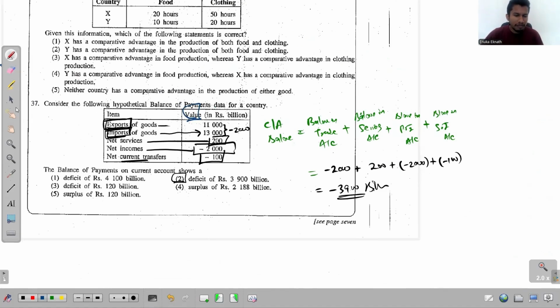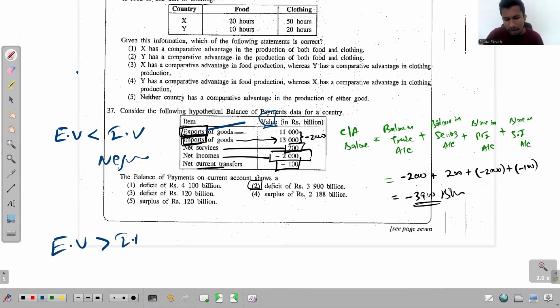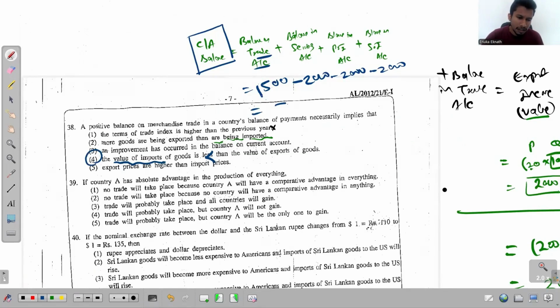Here, since the export value is lower than the import value, we have a negative balance here. But if the opposite happens, if the export value is greater than the import value, then you will have a positive balance. That's what they are saying. So this is the answer then.